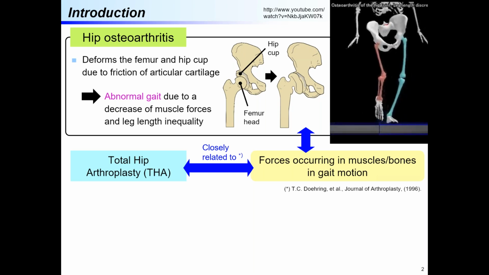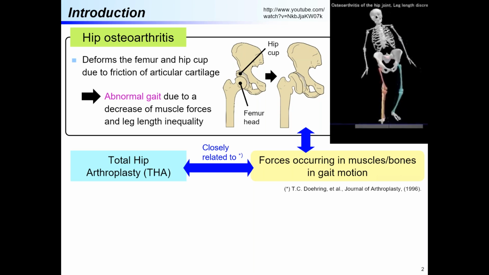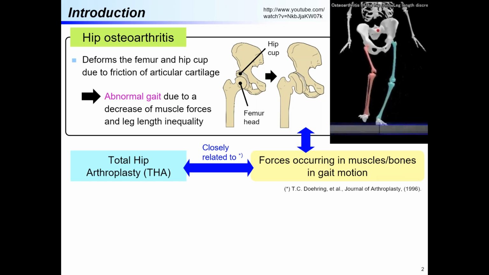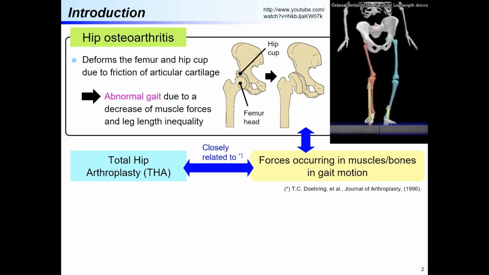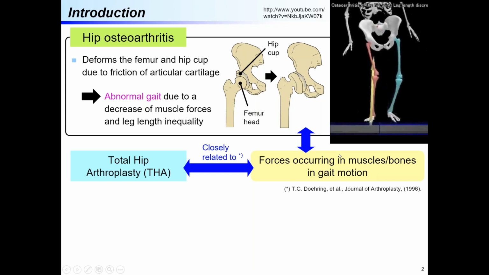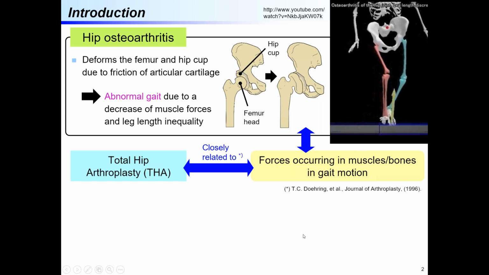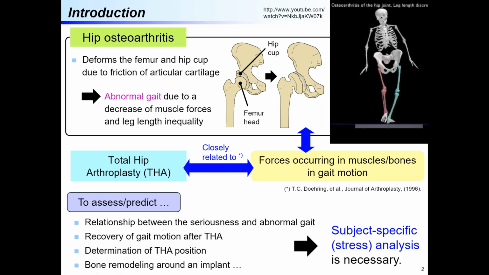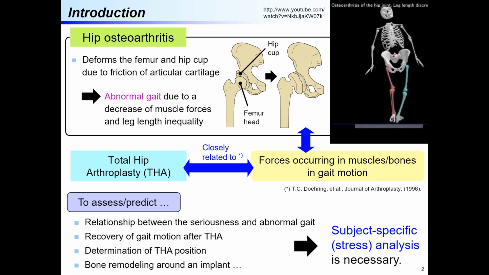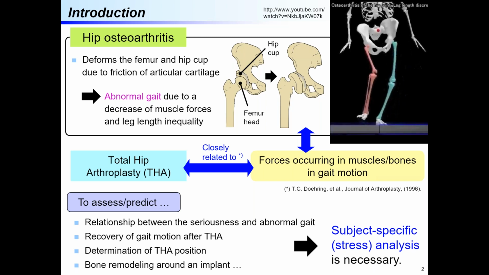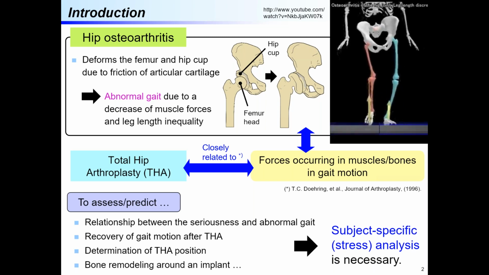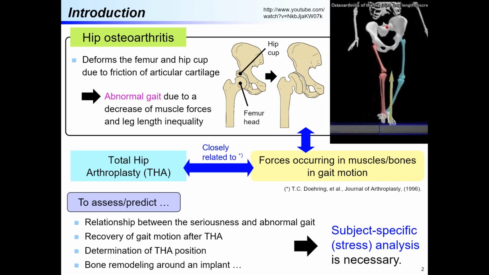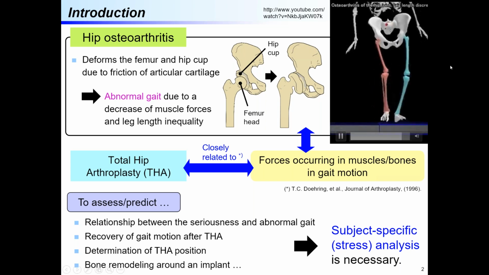Orthopedic doctors often treat it with a total hip arthroplasty, THA, to improve it, but this disease and the THA are closely related to forces occurring in muscle and bones in gait motion. So to assess and predict the relationship between the seriousness and the abnormal gait, recovery of gait motion after THA, determination of THA position, and bone remodeling and implant-subject-specific stress analysis is necessary.